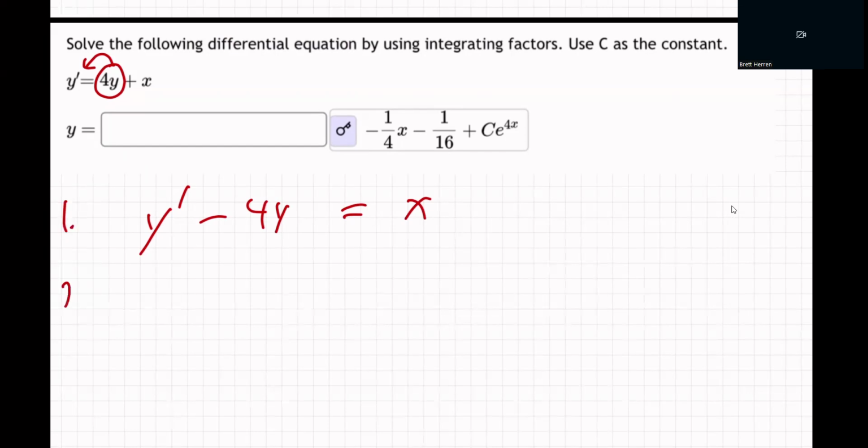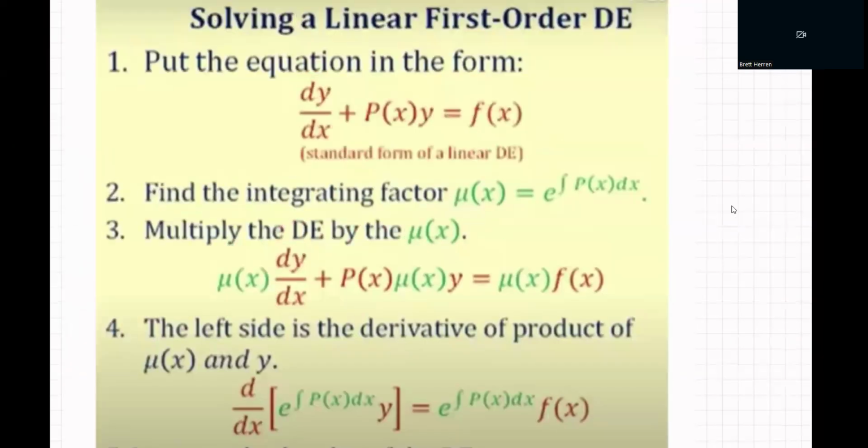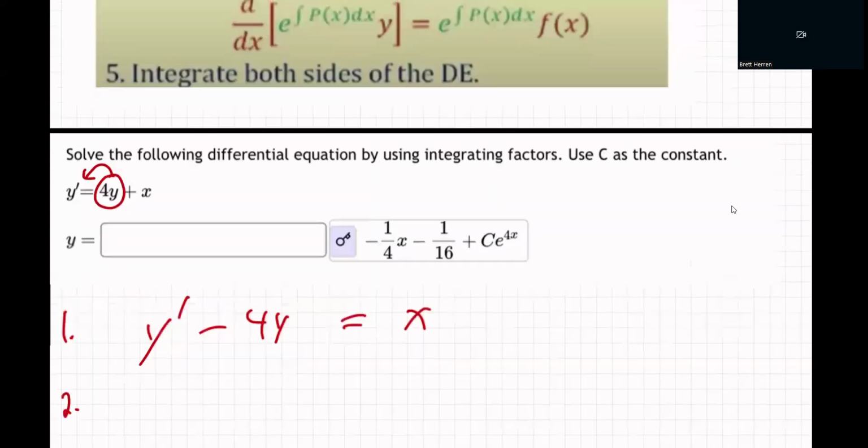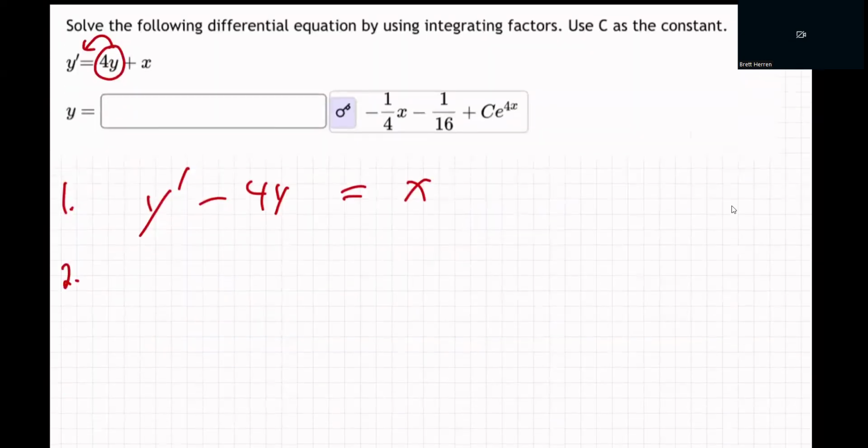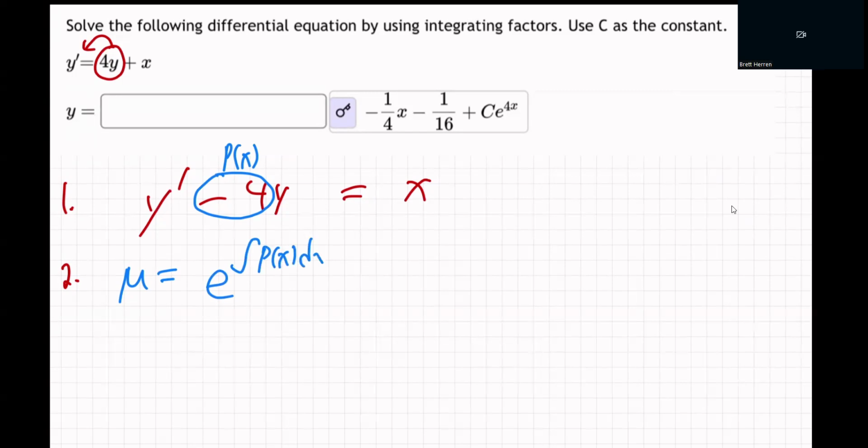Step two, find the integrating factor, which is e to the integral p of x dx. The p of x is whatever's next to y. The integrating factor mu is e to the integral p of x dx.